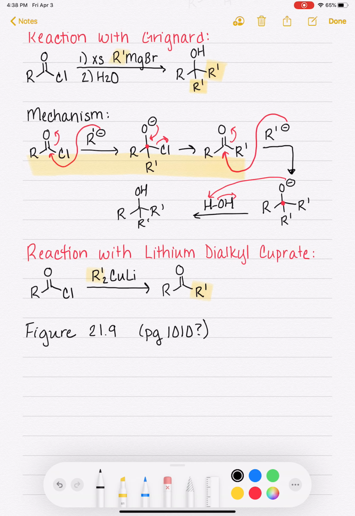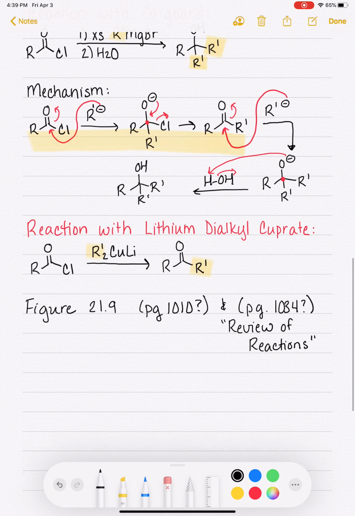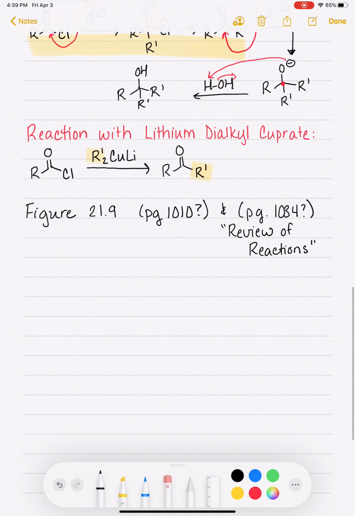It is in my textbook. The second time, it is on page 1034. In there, it is under the review of reactions. This figure is like a starburst roadmap of all of the reactions of acid chloride.